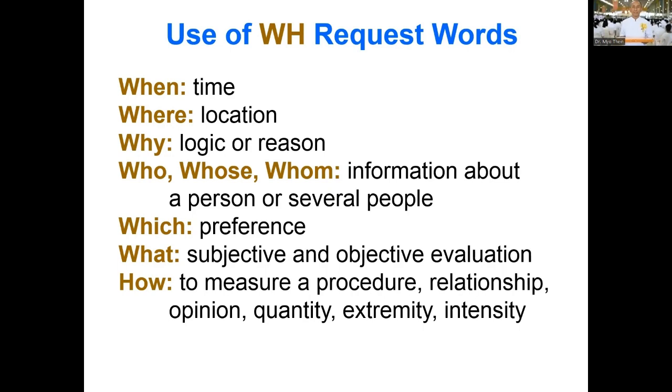Then, whose and whom. These relate to information about a person or several people, when you are doing research on the disciples, the Agra Sravakas, or the closer disciples of the Buddha, or the persons who participated in the first, second, or third Buddhist council.